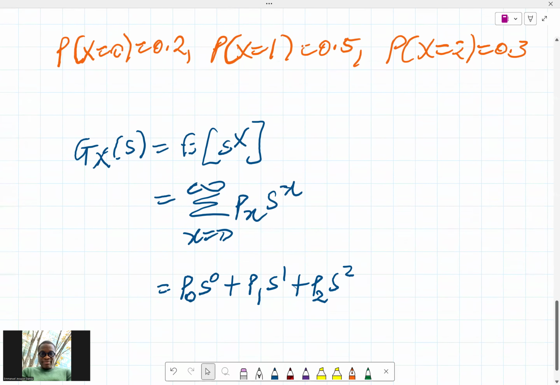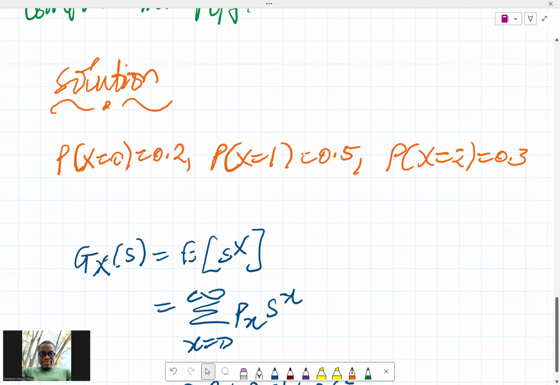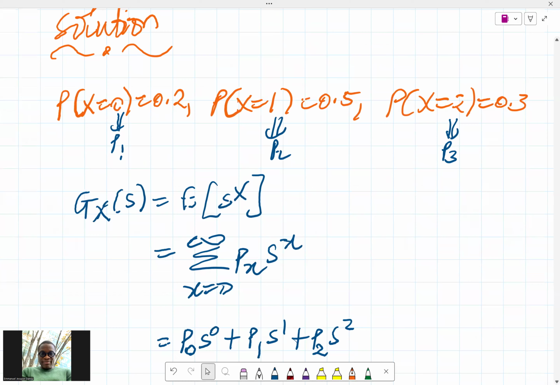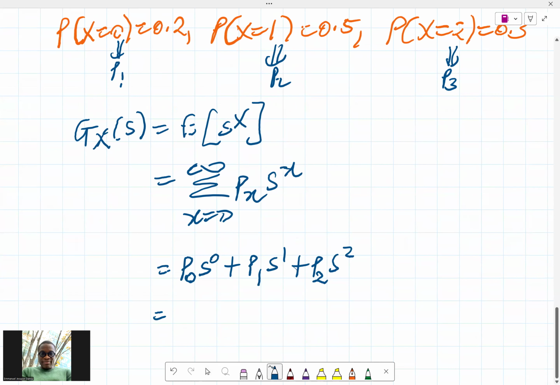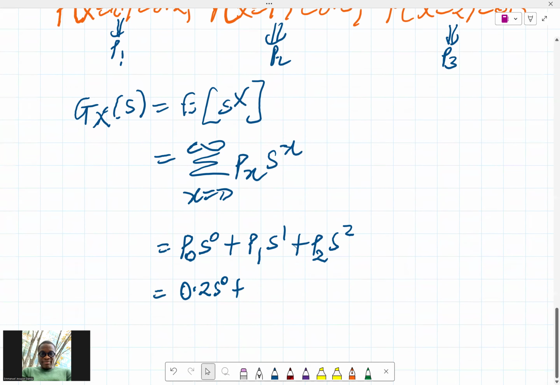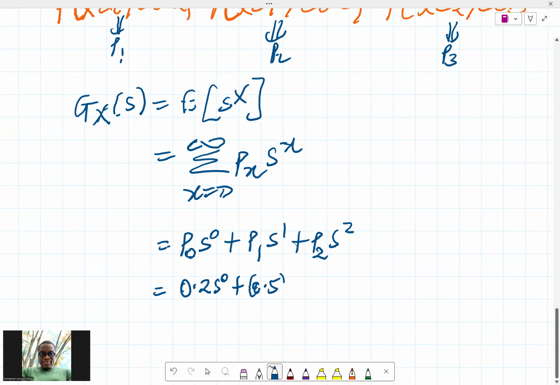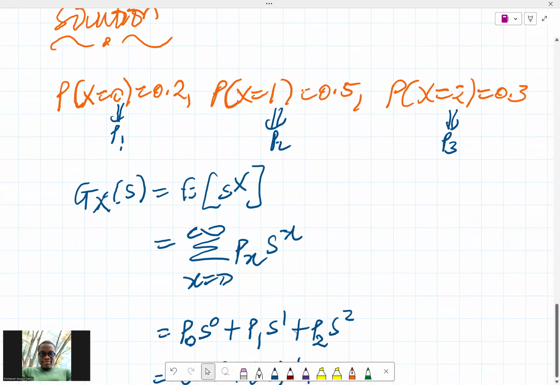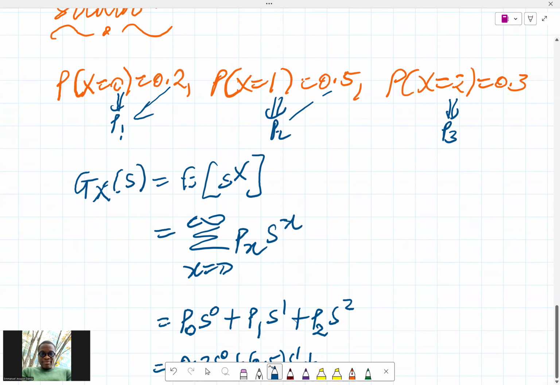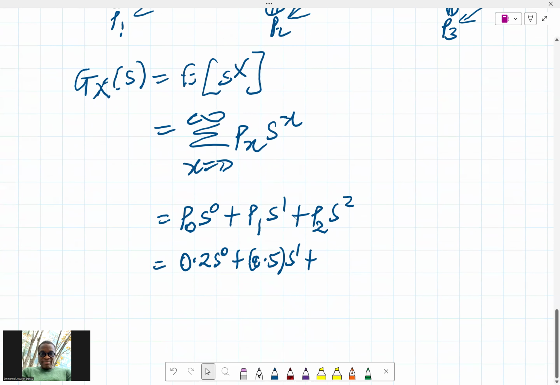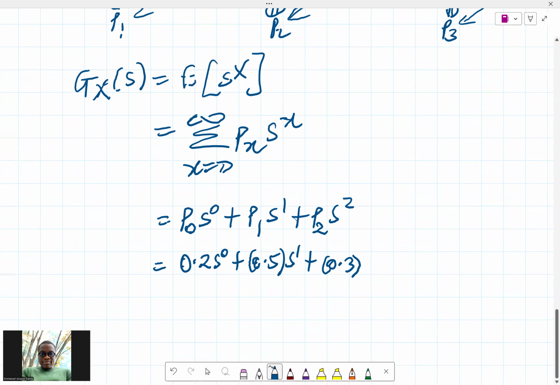So P0 is 0.2, s raised to power 0, plus P1 is 0.5, so 0.5 s raised to power 1, plus P2 is 0.3, so we have 0.3 s squared.